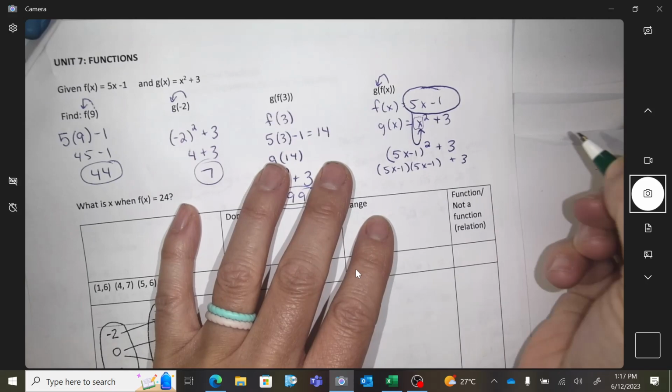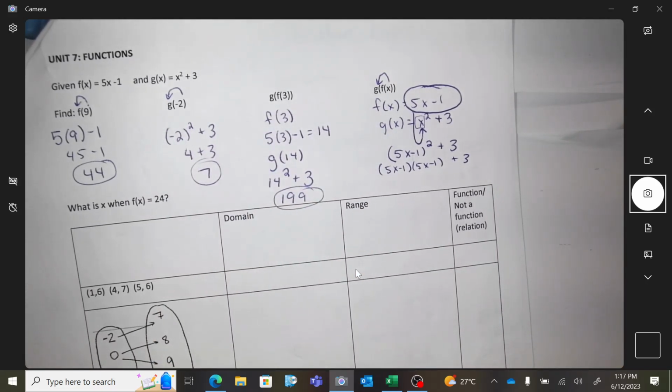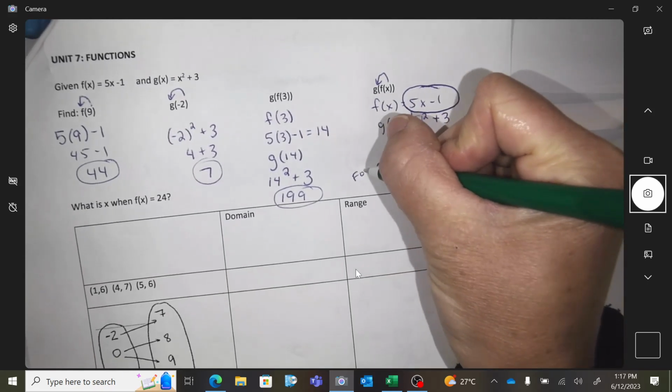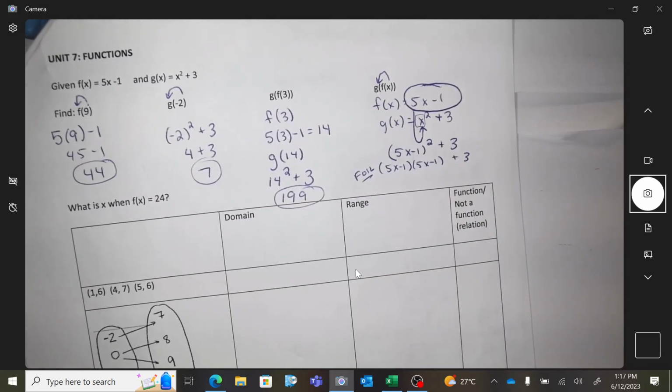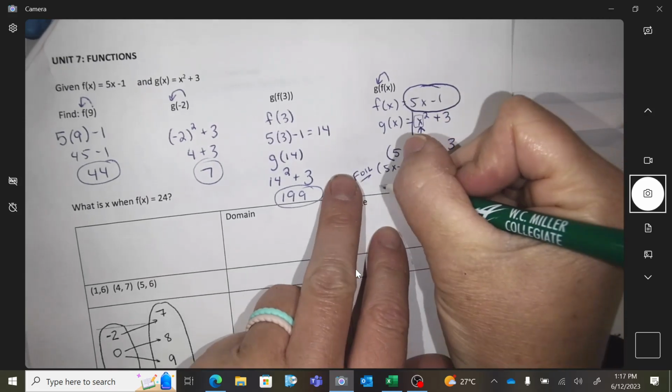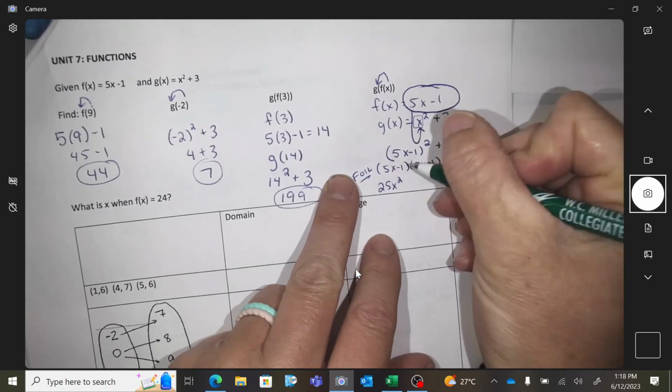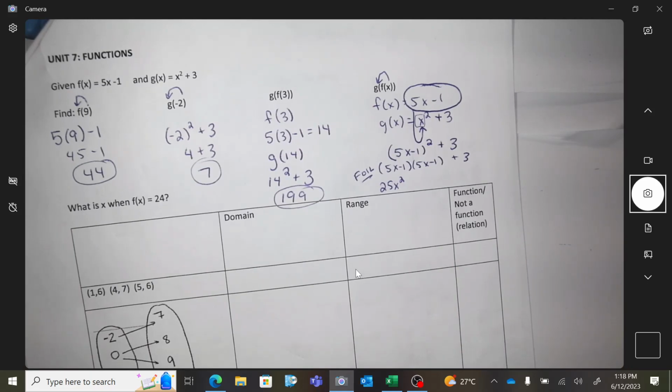Yep. Make that twice, and then FOIL that out. So 25x squared is the first times the first, and go through that process.